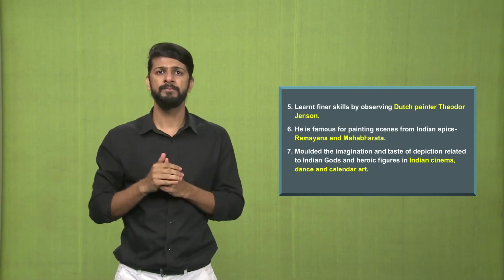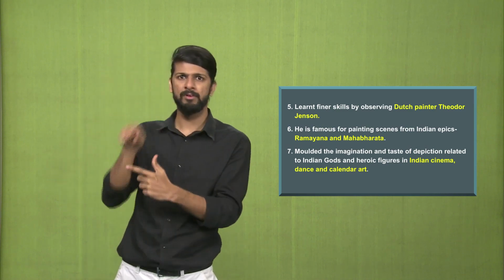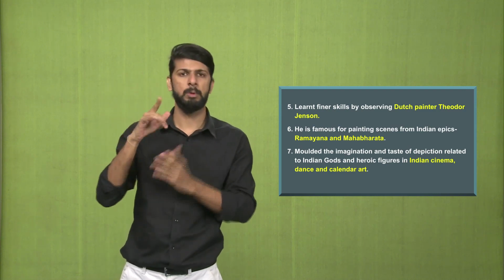After learning the basic skills, Raja Ravi Varma learnt finer skills by observing the Dutch painter Theodor Jensen.